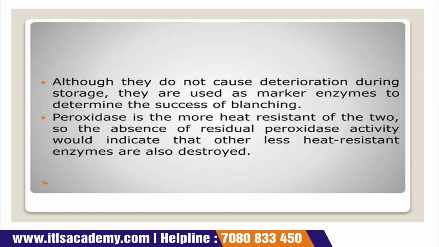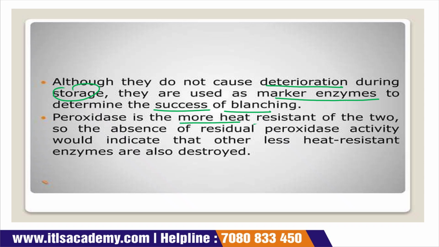Although they do not cause deterioration during storage, they are used as marker enzymes to determine the success of the blanching. These enzymes are not responsible for the deterioration of the food product during storage, but they indicate the success of the blanching.